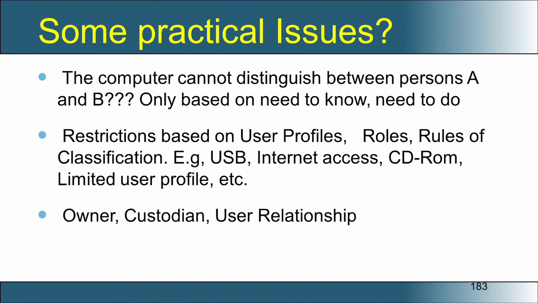Then the other practical issue is that never think that the computer can do everything. Again, people matter quite a bit. The computer cannot distinguish whether Kamakoti is logging in or Dilip Iyer is logging into the system. It is based on some need to know and need to do principles, it has all these restrictions, but the notion is Kamakoti has to be very strict and secure, so that he does not leak the password to Dilip and enable him to enter the system.